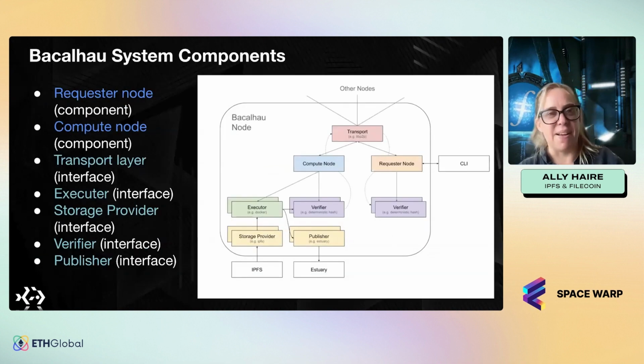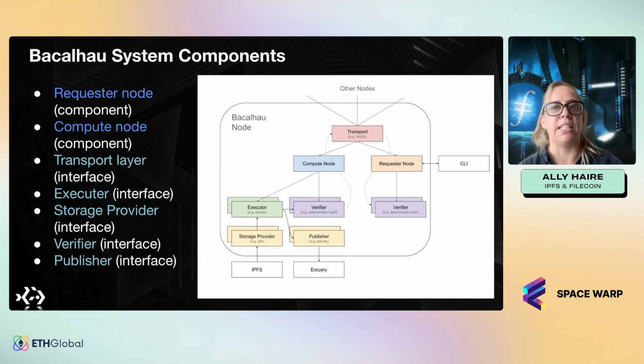Anyway, each node of the Bacalhau network has a requester and a compute component. And to interact with the cluster, the Bacalhau CLI request, or in my example, an HTTP request, is sent to a node in the cluster. This is via JSON or HTTP. Then it broadcasts these messages over the transport layer to other nodes in the cluster.